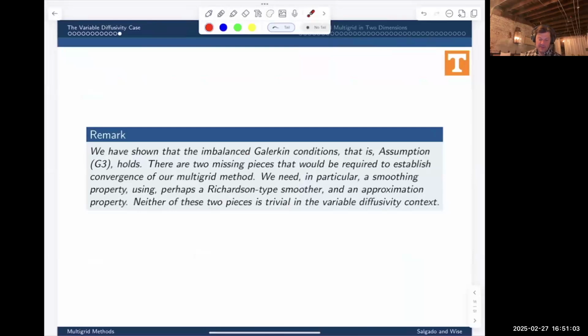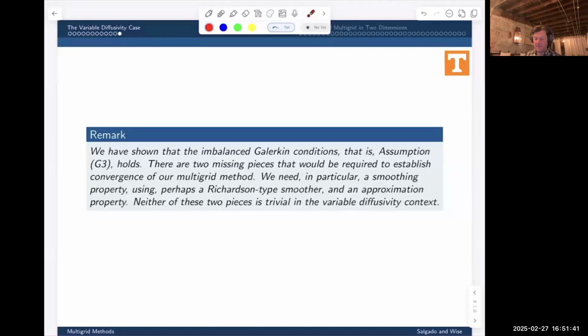All right, now there are two missing pieces to finish off this variable diffusivity case for the one-dimensional case. We've shown that assumption G3 holds, but what missing pieces are there? You need to show the smoothing property holds, using maybe a Richardson type smoother, but that's not easy anymore because those sine modes that are usually the eigenfunctions for the stiffness matrix are not necessarily the eigenvectors for the stiffness matrix anymore.